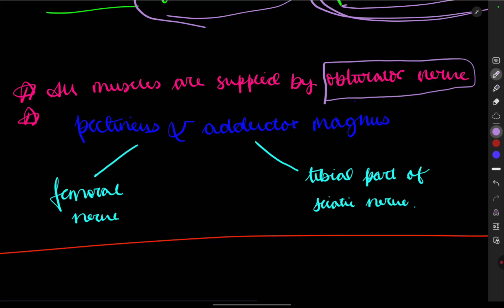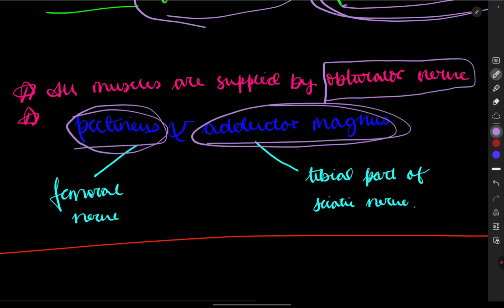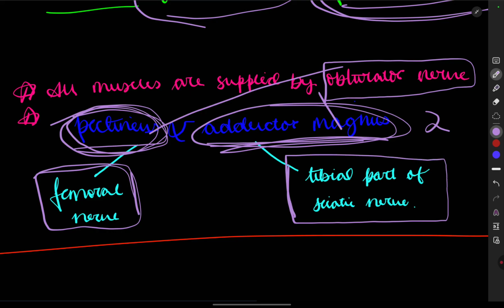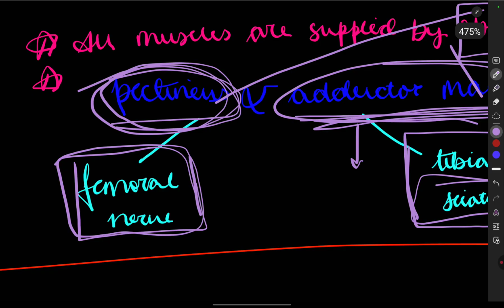All muscles are supplied by the obturator nerve, and the pectineus and adductor magnus are supplied by two nerves: the obturator, of course, and the pectineus also by the femoral nerve, and the adductor magnus by the tibial part of the sciatic nerve. Why the tibial part of the sciatic nerve? Because it is inserted onto the lower part of the femur, so it is supplied by the tibial part of the sciatic nerve. This is how you remember. And the pectineus by the femoral nerve.